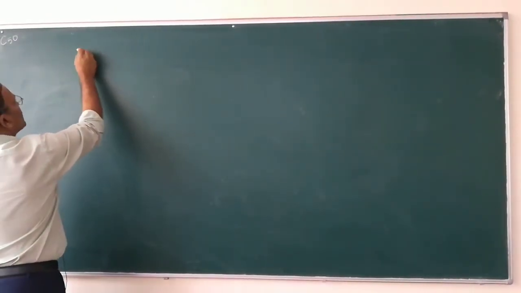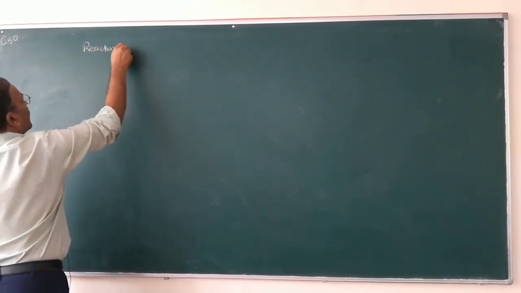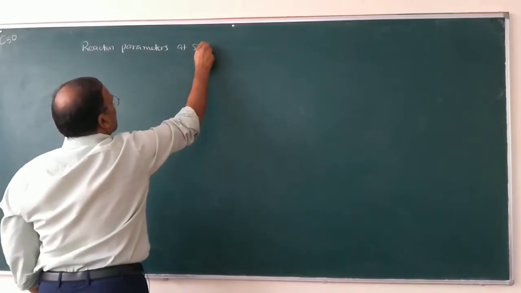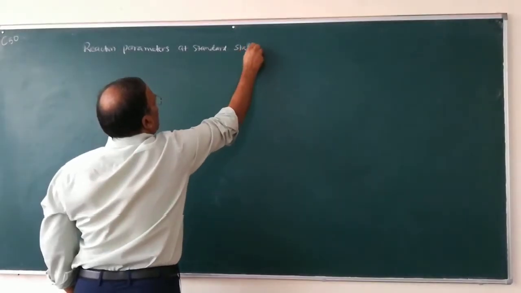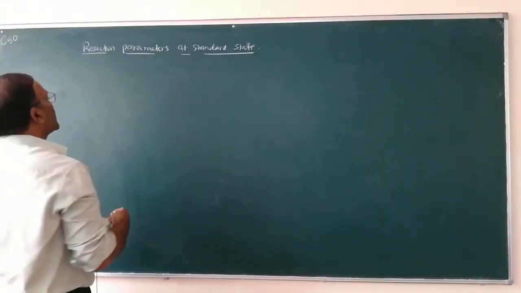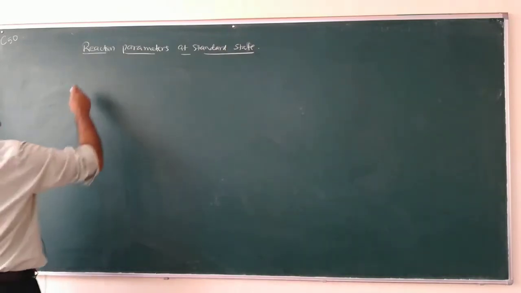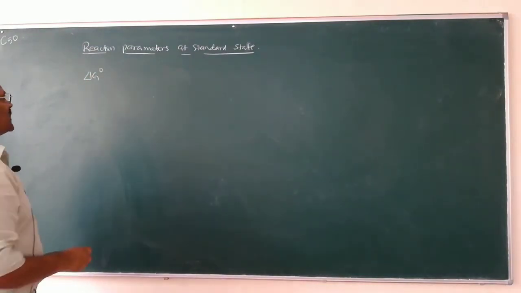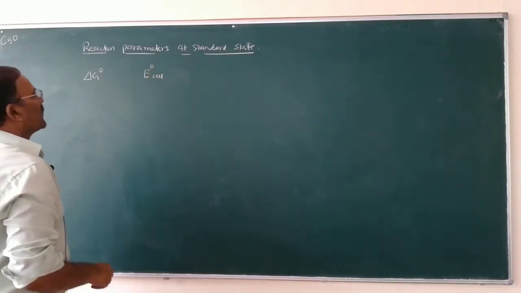So dear students, next let us learn reaction parameters at standard state. So what is the value of delta G? What is the value of E naught? Like that. So delta G naught: what is delta G naught? Standard free energy change. And then E naught cell, standard EMF of the cell.